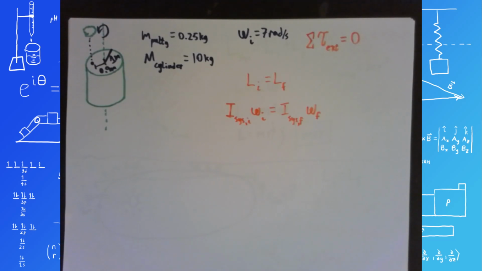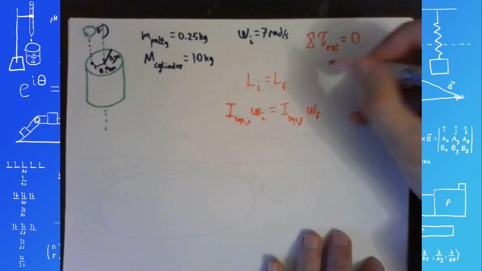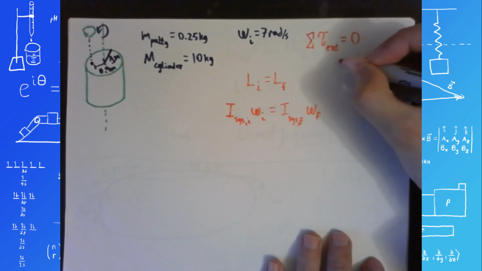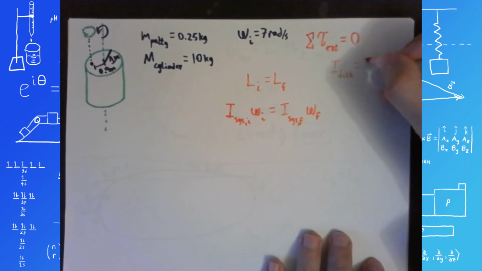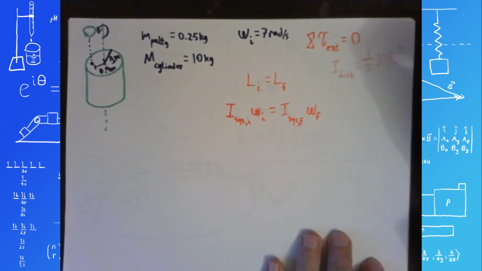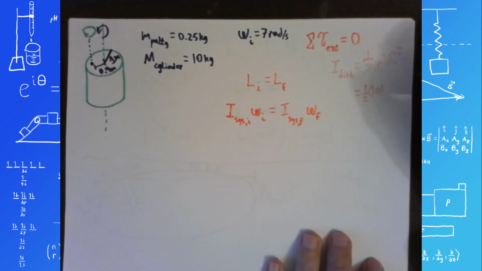So we've seen this formula so many times tonight, or today, depending on when you're watching this. Moment of inertia for a solid cylinder or disk is 1/2 mr squared. So we've got 1/2 times 10 kilograms times the radius of the cylinder, 1, squared.